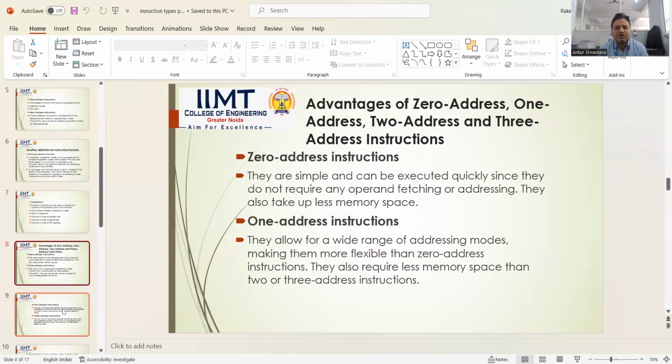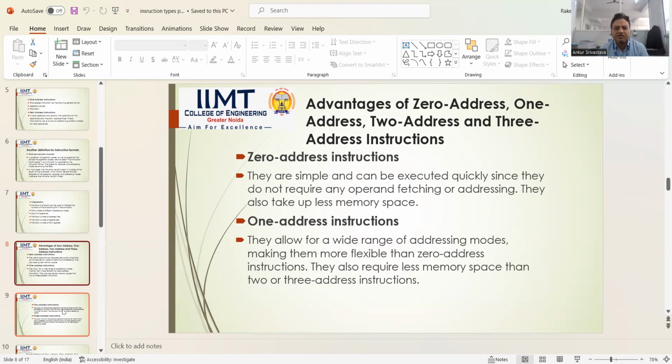Now moving towards the next slide, we have some advantages of 0 address, 1 address, 2 address, and 3 address instructions. Let me see what is the advantage of 0 address instruction. They are simple and can be executed quickly, since they do not require any operand fetching or addressing.